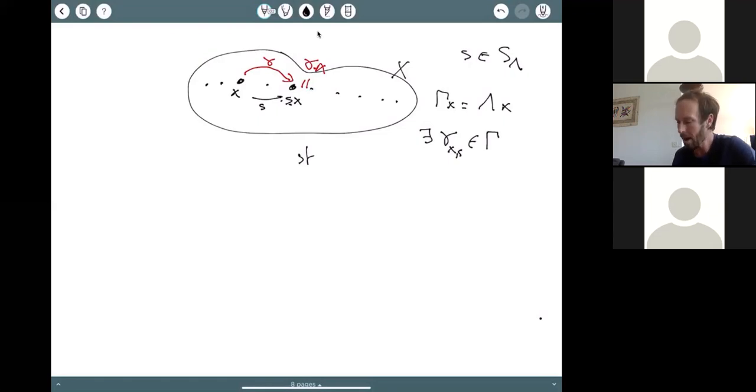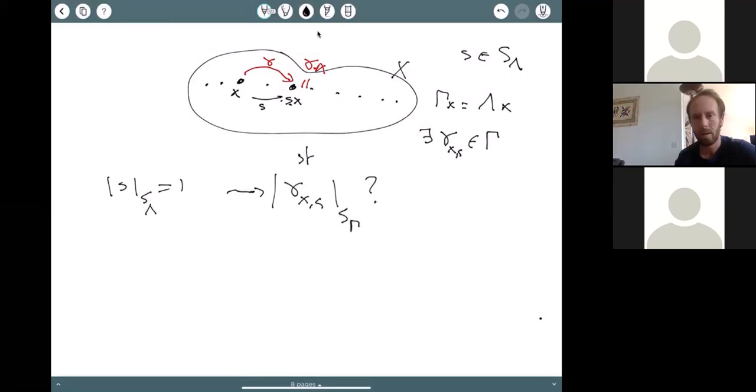So now what I'm measuring is, I know that S is a small element, it has length 1 by construction. But then the element that lives now in gamma, that does the same job, what is its length with respect to gamma? If it's L infinity, then it means that this length is bounded.